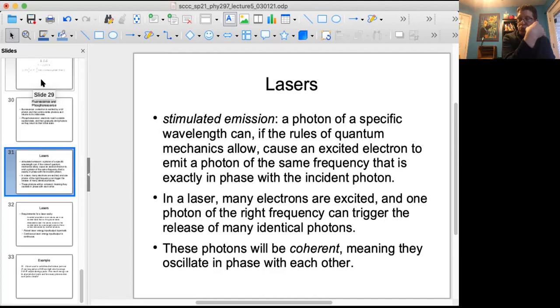It only takes one photon to be emitted at that frequency to trigger the emission of that same photon, completely in phase, from the other excited electrons. So these photons are coherent, which means they oscillate in phase with each other.